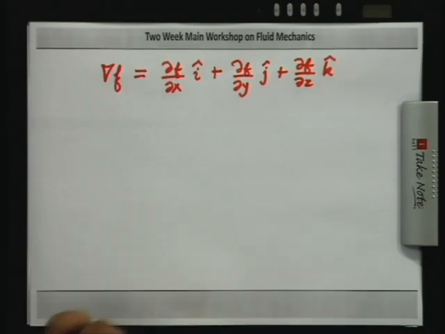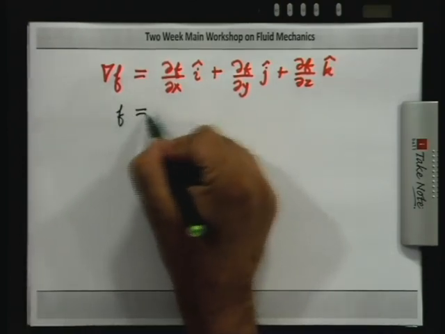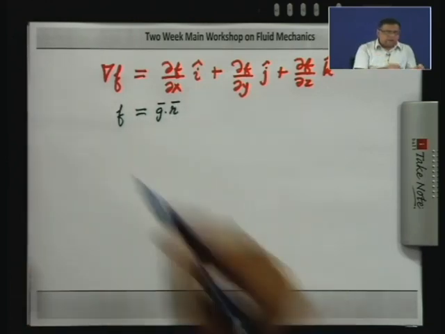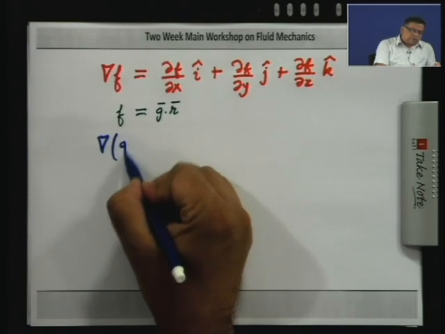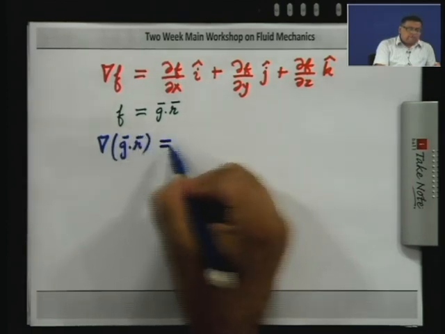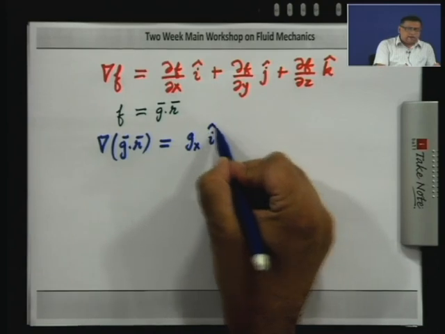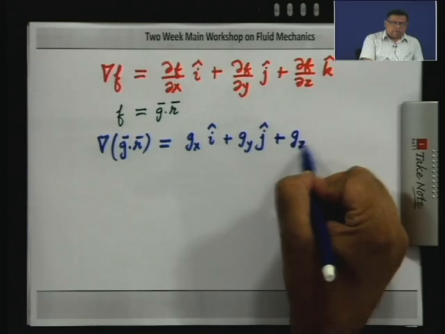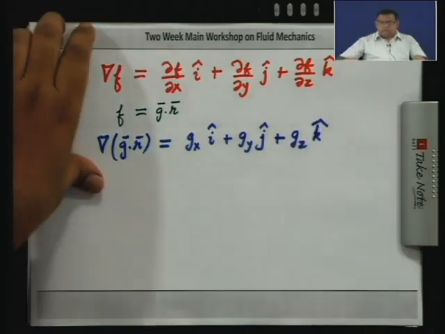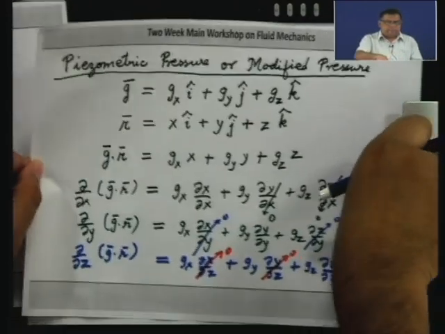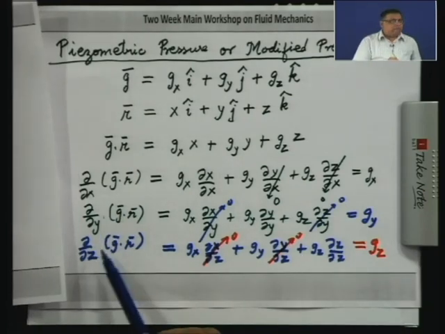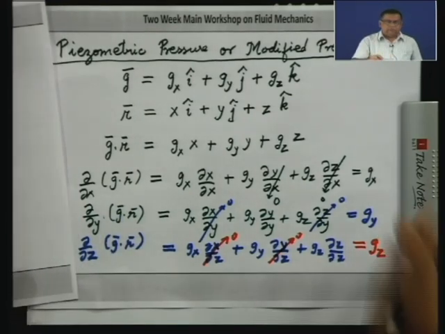Now, if we take this function f to be g dot r, then you see that grad of g dot r, which is a scalar, is g_x i plus g_y j plus g_z k, since if you go back and look at what we did in the previous slide, the x, y and z gradients of this function g dot r are g_x, g_y, g_z.